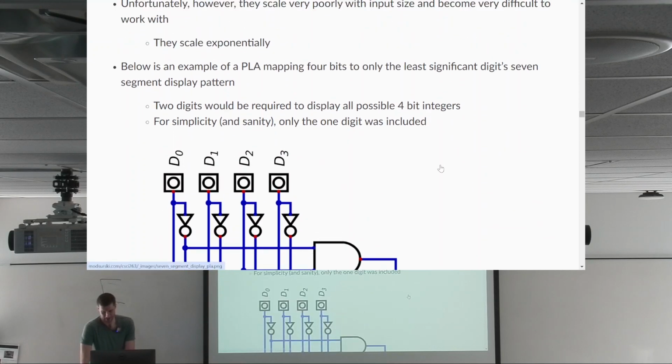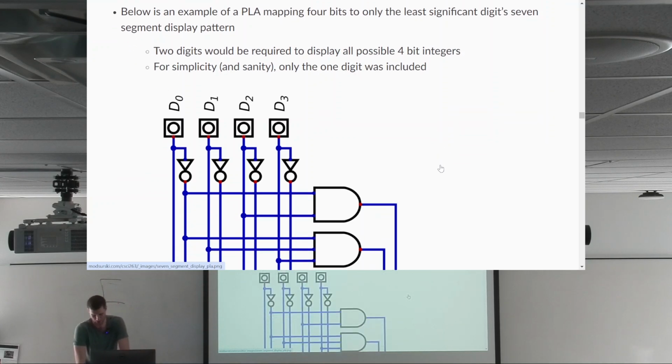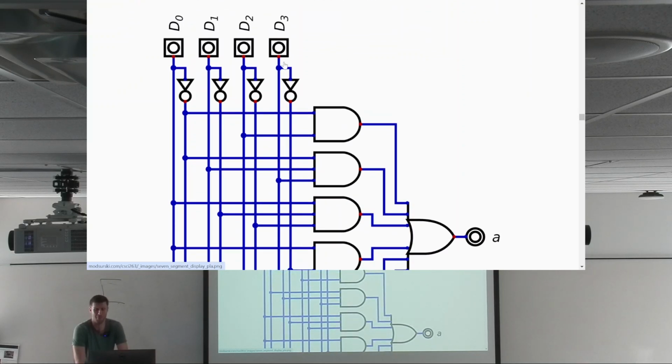So here is, for example, a programmable logic array mapping 4 bits to only the least significant digit 7-segment display pattern. Okay? So this is 4 bits to 1 7-segment display. This is what your Minecraft thing could do. I can't even show you the number 8 or 9. But this is a programmable logic array for 4 bits. Every time we add 1 bit, we double and double and double, right?